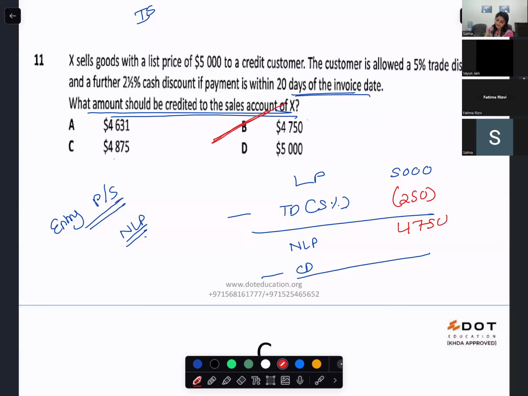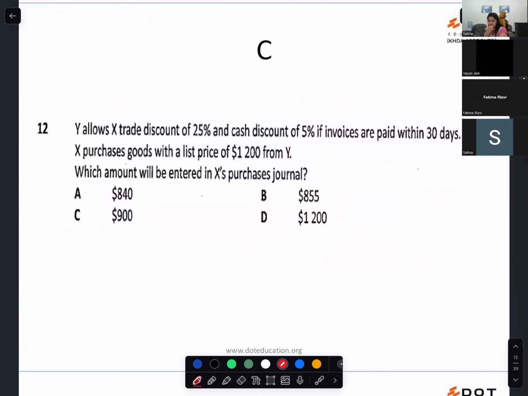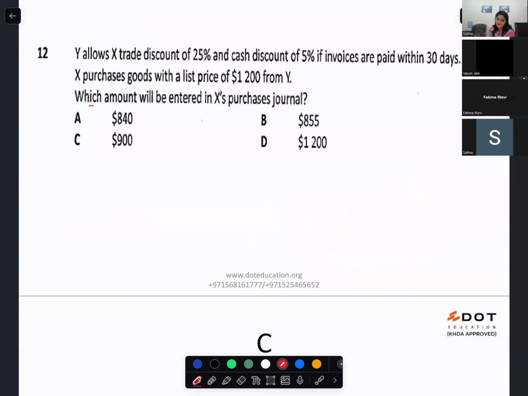Okay, B. Vayun, your turn. First read this question. Which amount will be entered in the purchases journal? Can you tell me, in the purchase journal, what do you enter? In the purchase journal, we pass entries for credit purchases.